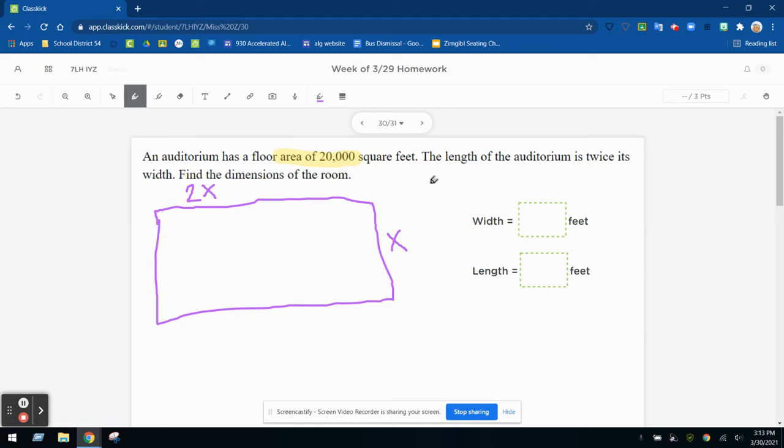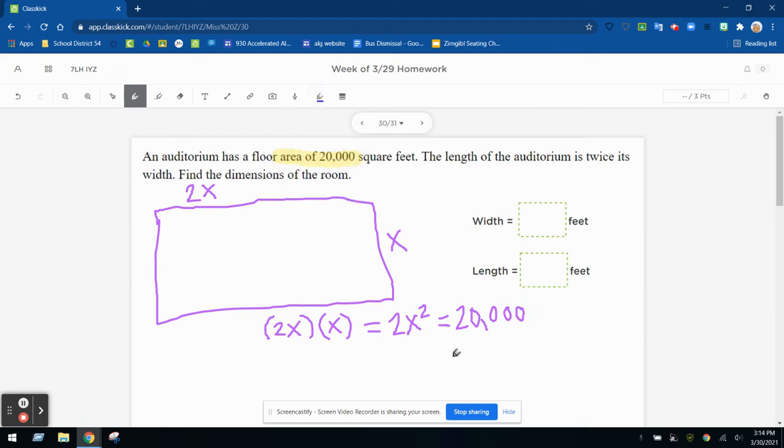I find area by doing length times width. So if I do 2x times x, I get 2x squared. And I was told that that equals 20,000. So I'm going to solve by taking square roots.